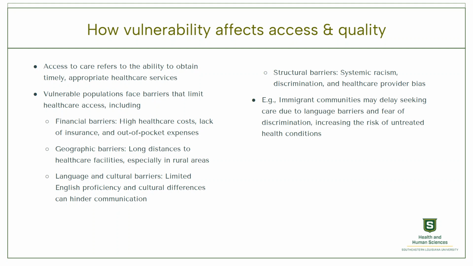An example of how vulnerabilities affect access would be an immigrant population that may delay seeking healthcare even if it's available, due to concerns that they will not be able to communicate well with the healthcare providers, or just the fear that they would be discriminated against.